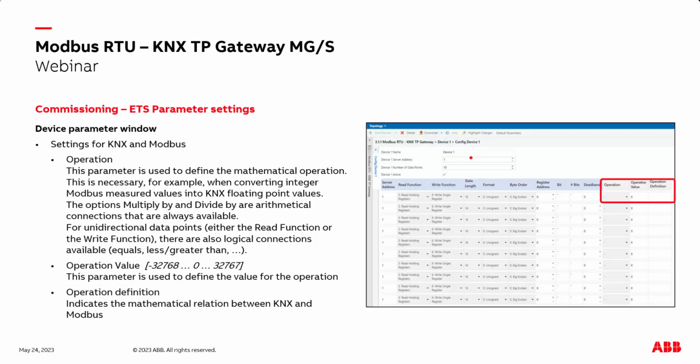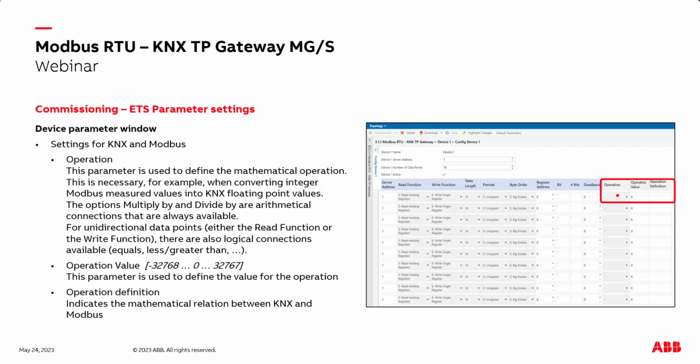Good. Then we come to the next step, the so-called operation. In operation, we can define different mathematical operations, for example, division or multiplication. We need this operation when we want to convert our Modbus values, which are integer, signed or unsigned, into KNX floating point values, because on Modbus we have only integer values.